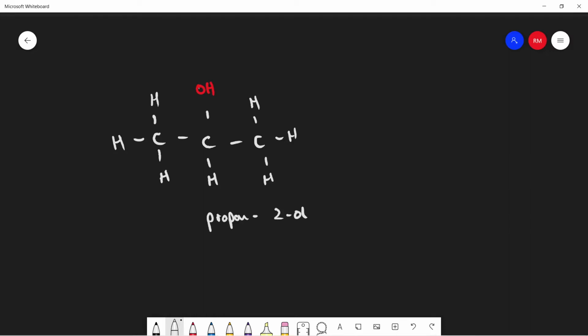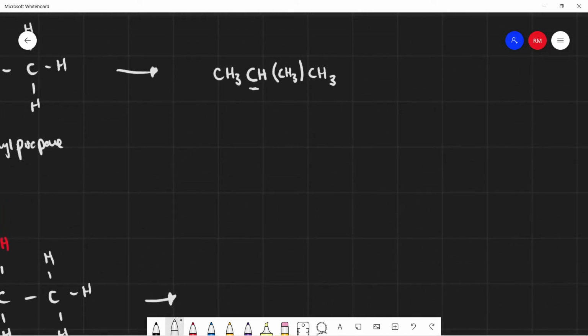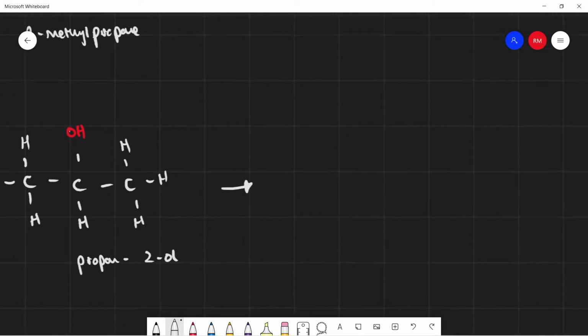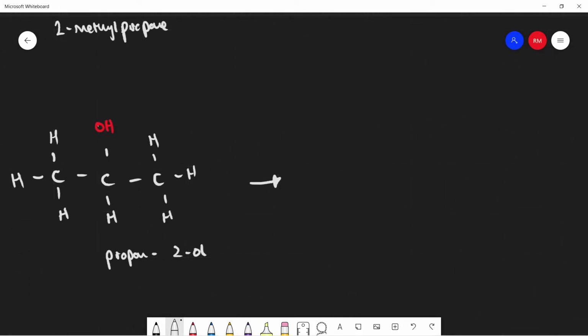We've got an alcohol here, and just like I've shown you up here before with these brackets, we're actually going to show the hydroxyl group, the OH group, in brackets here. So we've got CH3, then we've got our CH, and then in brackets here I'm just going to draw OH, and then finish off with our CH3. And now this is the complete structural formula for propan-2-ol.